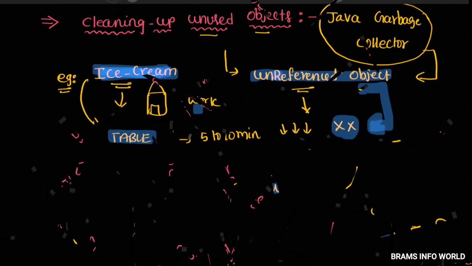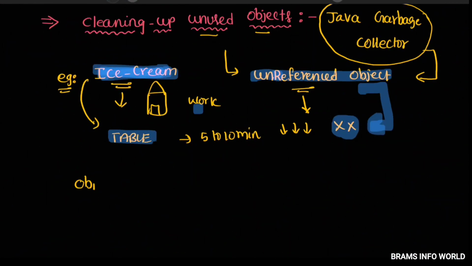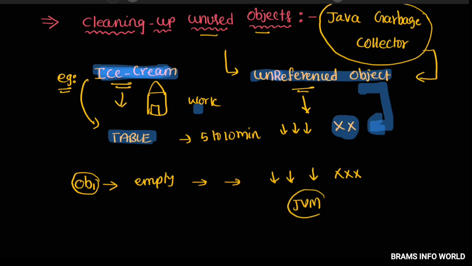In Java, whenever we create an object and leave it in an empty condition, that leads to a drawback of memory, or unutilized memory. This is automatically cleaned by the JVM. That is the reason we call it the Java garbage collector.